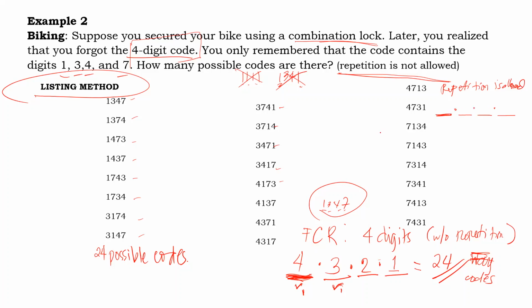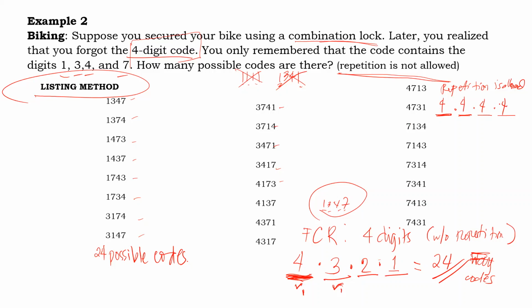For the first digit, how many choices do you have? Can you use 1, 3, 4, 7? All of them can be used. So, you have 4 choices. For the second digit, can all be used? Yes, because repetition is allowed. You still have 4 choices. The same with the third digit and the fourth digit.